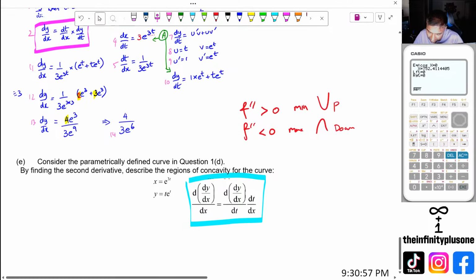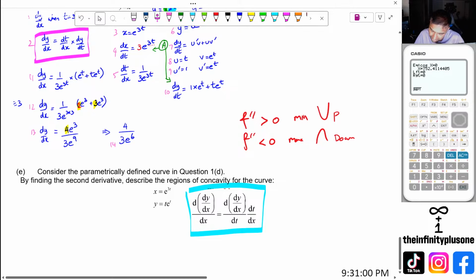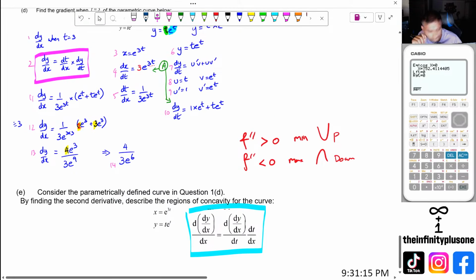Here is dy dx. I think we already got dy dx. Did we simplify dy dx?